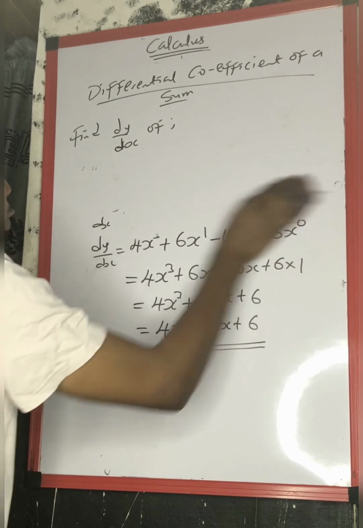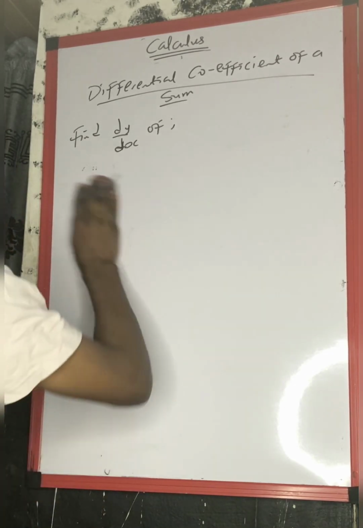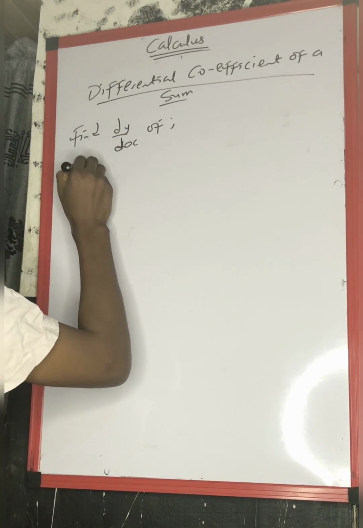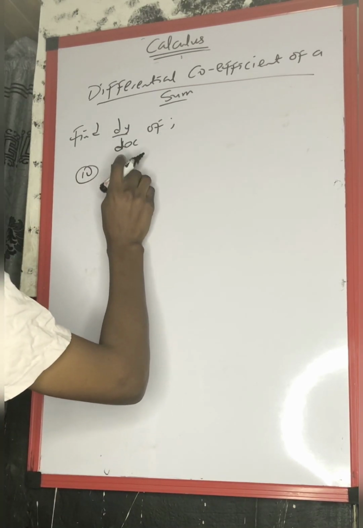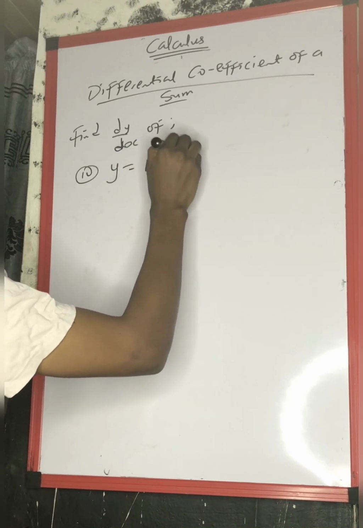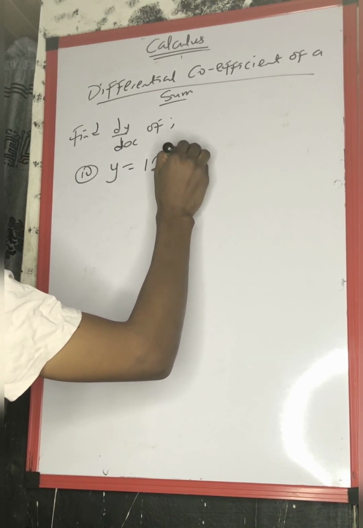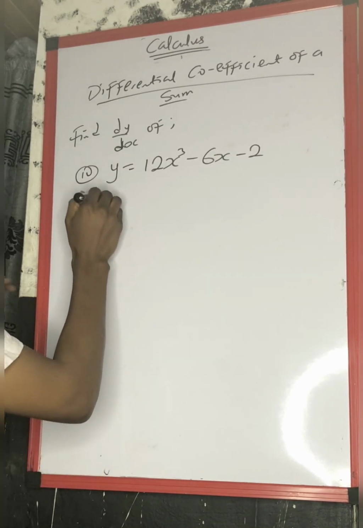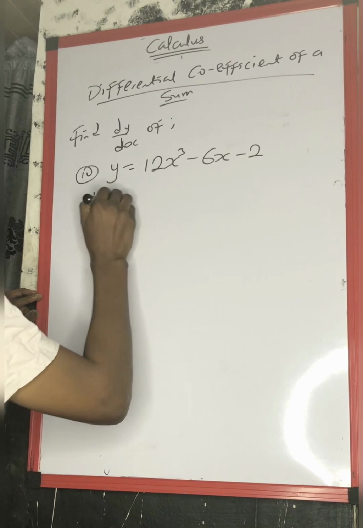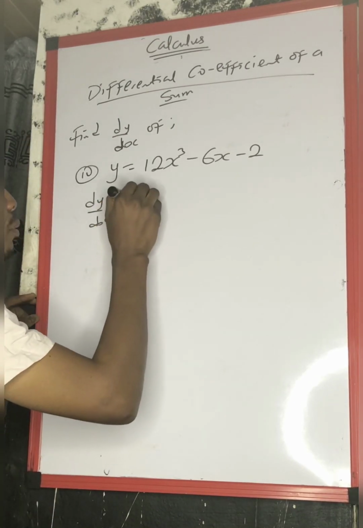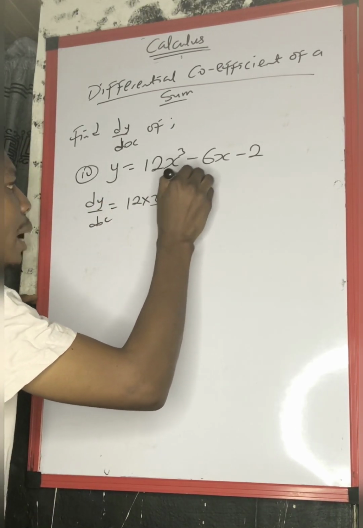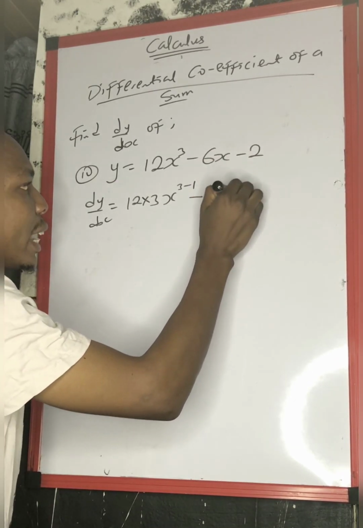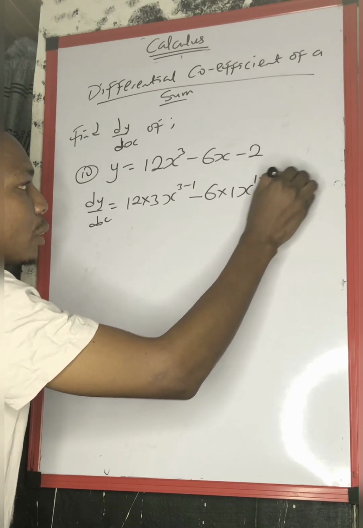So let's move to number 2 question. y equals 12x cubed minus 6x minus 2. So to get dy/dx of it, it becomes 12 times 3 x^(3 minus 1), then minus 6 times, I have a visible 1 here, x^(1 minus 1), minus 0.